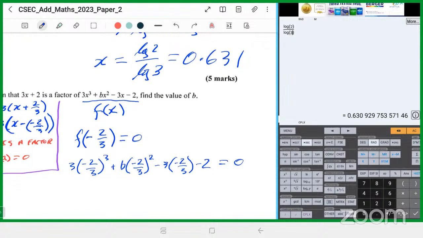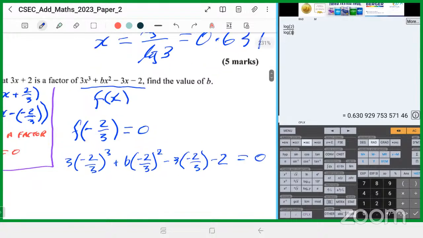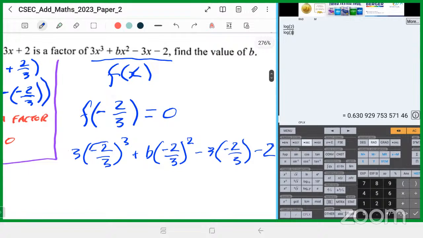Let's evaluate this expression. It would be a negative, firstly. Negative 8 over 27 when I cube it.